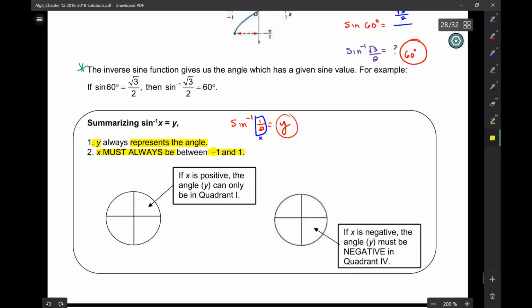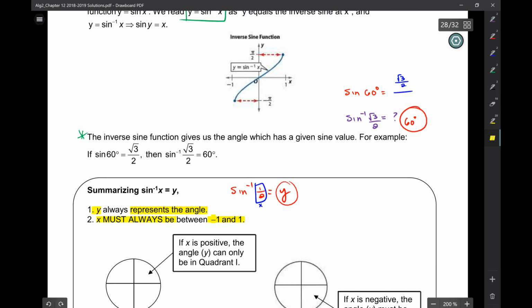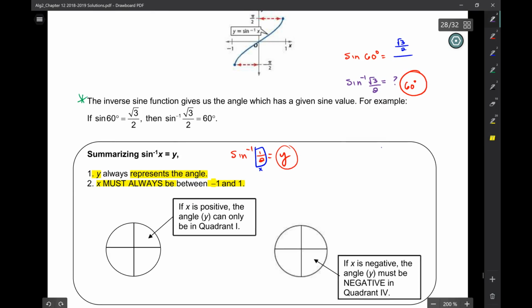Now, here's what happens when we restrict the domain. Let's take a look at the unit circle. This is 0. And what about up here? 90 or pi over 2, right?